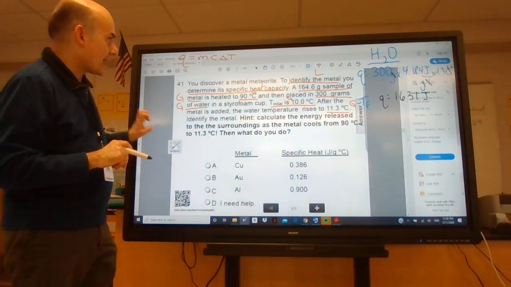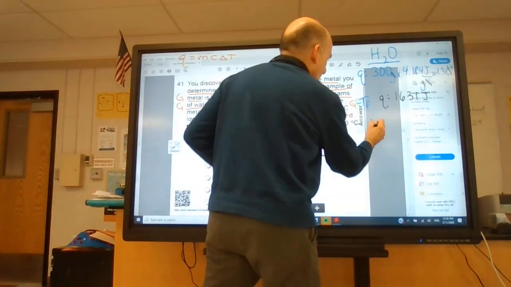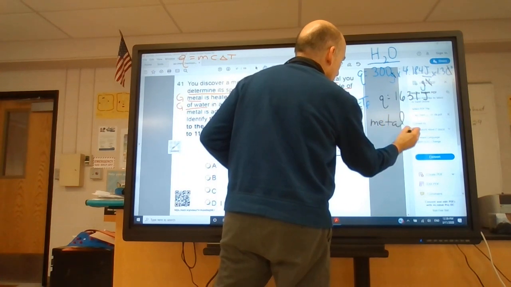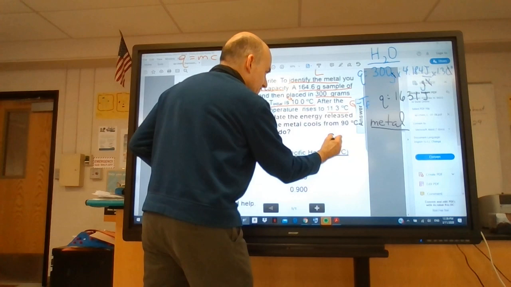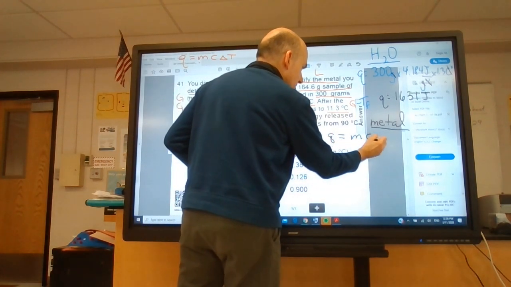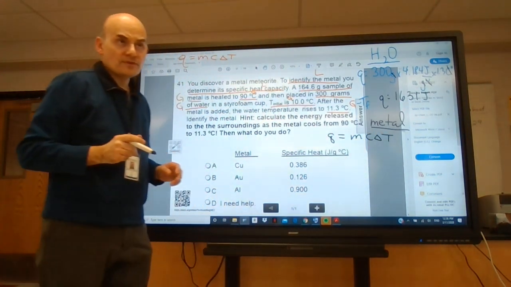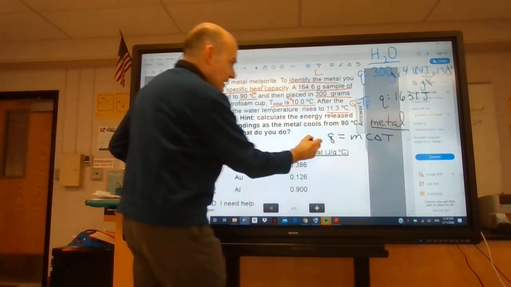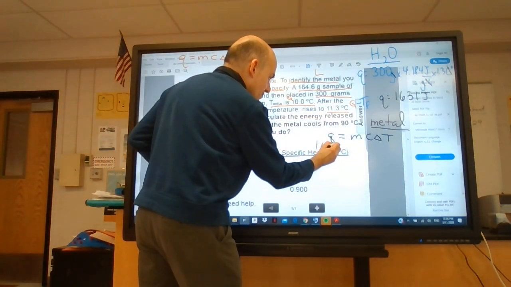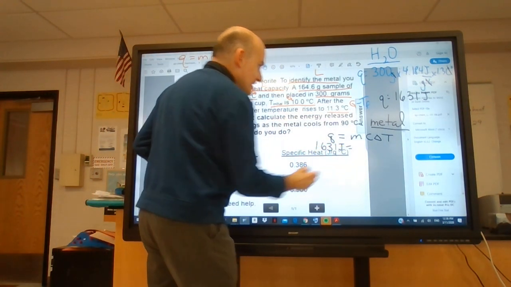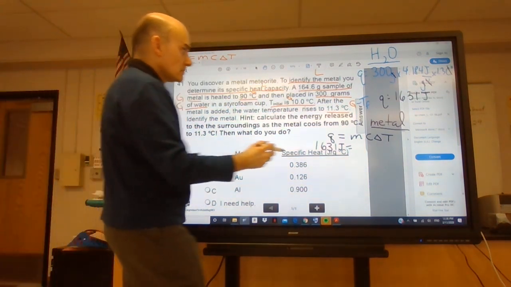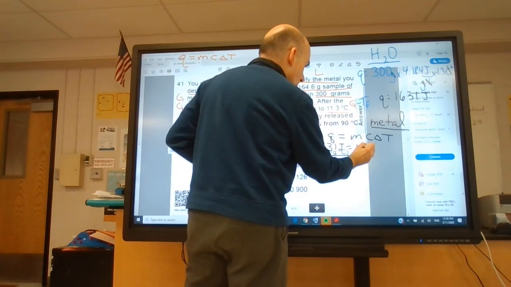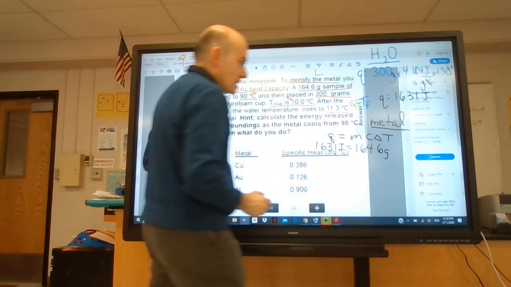So now we have our Q for this system, and we can go ahead and calculate the specific heat capacity of the metal. We still have the same equation, Q equals mc delta T, but now we're using it for the metal. We put in 1,631 joules is equal to the mass of the metal, which is 164.6 grams.